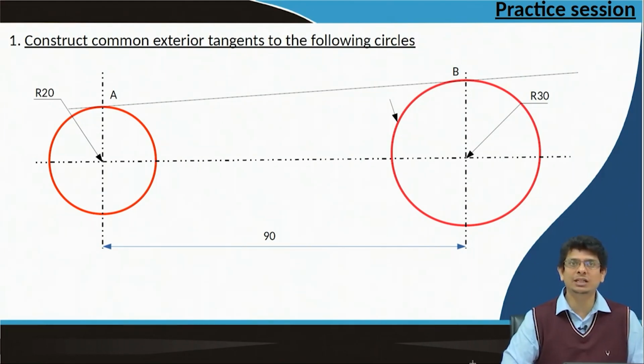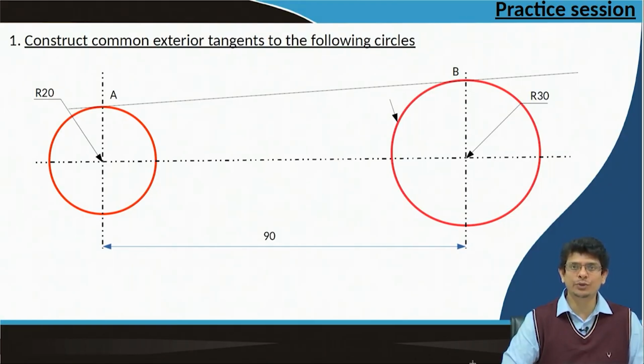The diameter of the circle is 40 units and the diameter of the bigger circle is 60 units. This is the standard convention we have to use. However, here just for simplification we are showing a radius of 20 units and 30 units, and these two circles are separated by 90 units.